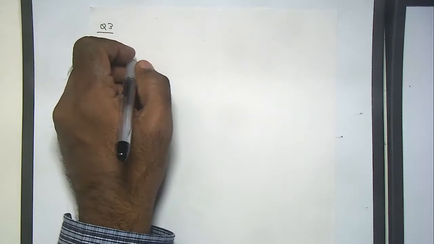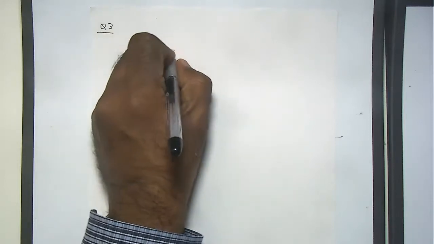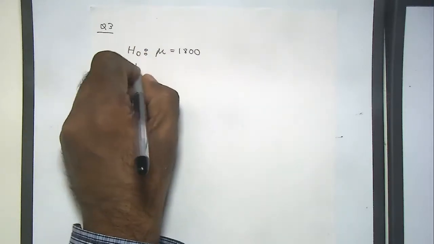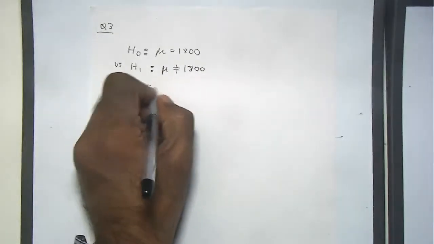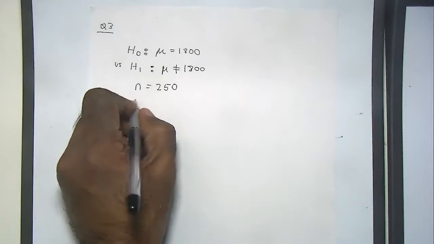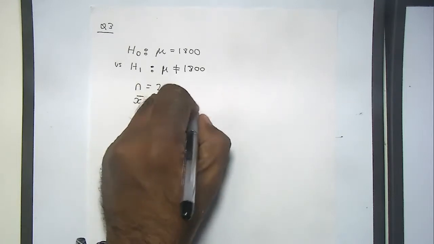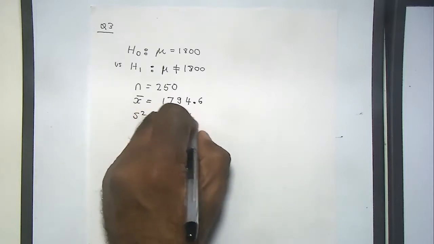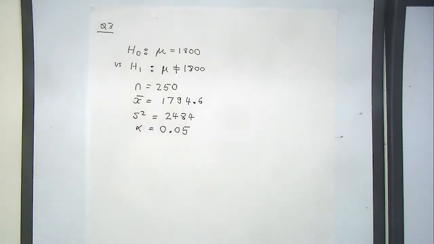So you're testing, and your n is 250, your x bar is 1794.6, and your sample variance s squared is 2484, and your alpha is 0.045.